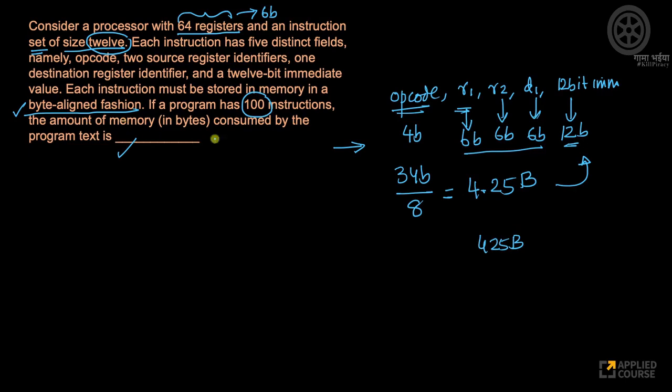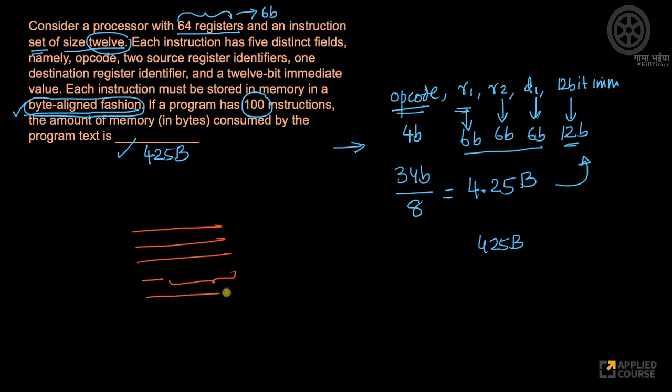But here again, you might be tempted to write the answer as 425 bytes, but there is a small twist here. It says each instruction must be stored in memory in a byte aligned fashion. Look at this. What does this byte aligned fashion basically mean? It means that if I have 4.25 bytes, 1 byte, 2 bytes, 3 bytes, the 4th byte, I can't stop it here and say that my next instruction starts from here.